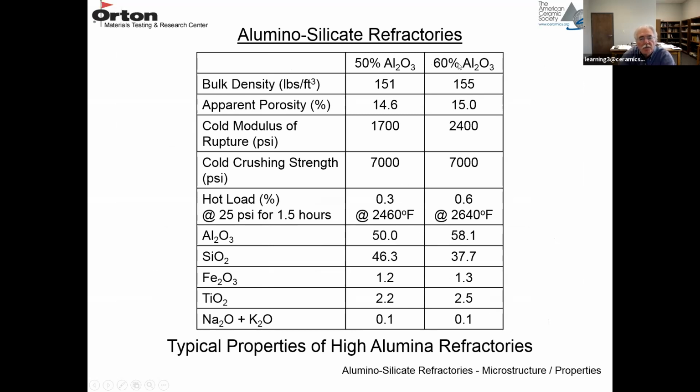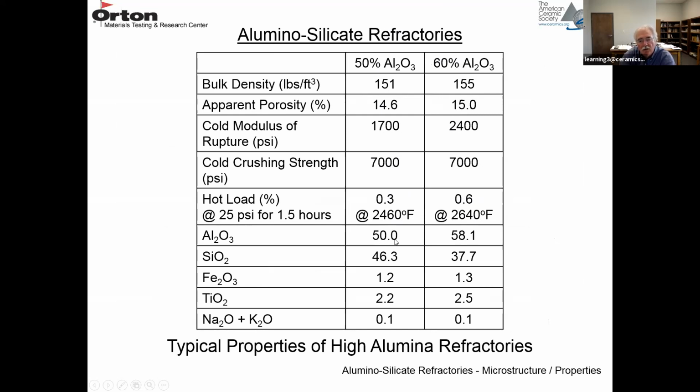The 50 and 60% aluminas, the density goes up to in the 150 pounds per cubic foot range. Typical porosities, they're getting a little stronger in bending and a little stronger in compression. The hot loads, these were run at, again, 2640, and the deformations are getting smaller because they're higher purity level, higher alumina content.